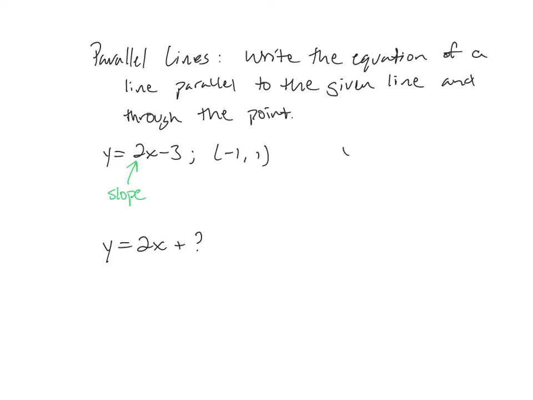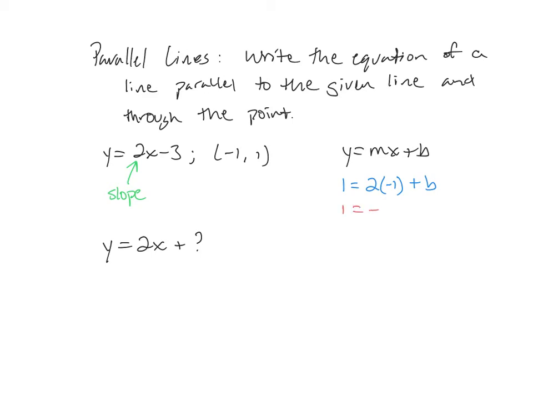So what I'm going to do is plug in the information from this problem into y equals mx plus b. The y is the y part of the coordinate, which is positive 1. The slope is 2. The x is the x part of the coordinate, and I don't know that part.